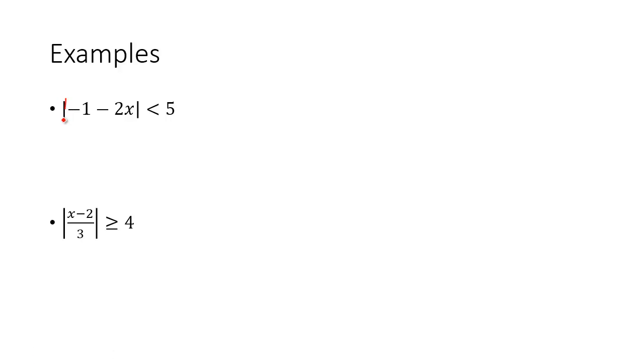This first example has an absolute value of an expression less than 5. So that means that inside is going to be between -5 and 5, because to be less than 5, you need to be between -5 and 5, like that. Alright, so we just put that expression in, and there you go.